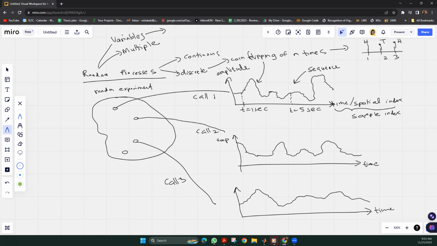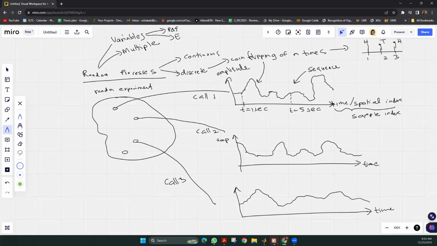One statistic that we use is the PDF, so we have to define the PDF for the random processes as well. Apart from that, we also define other parameters, such as the expectation operation, which gives the mean value of the variable.